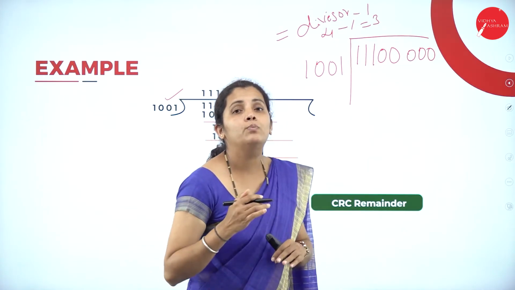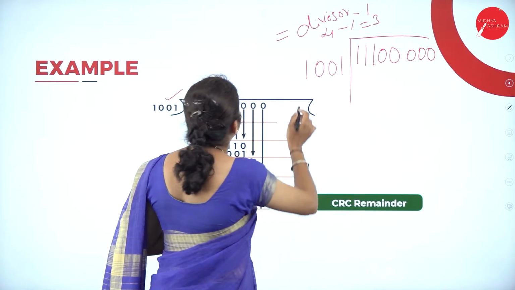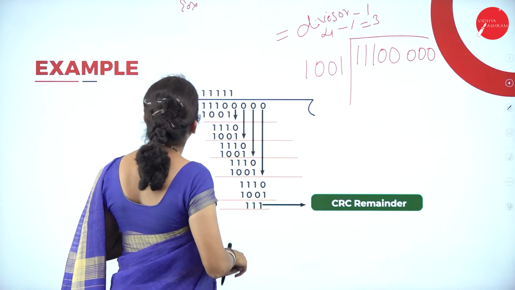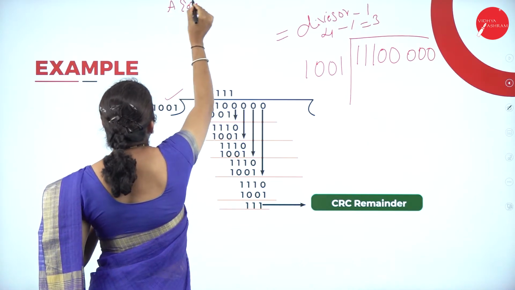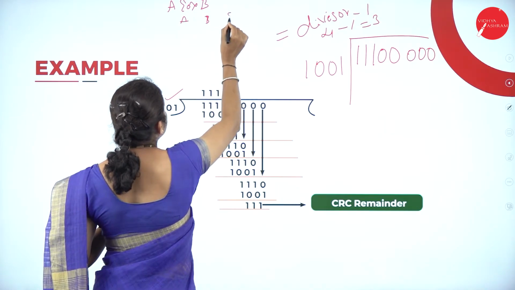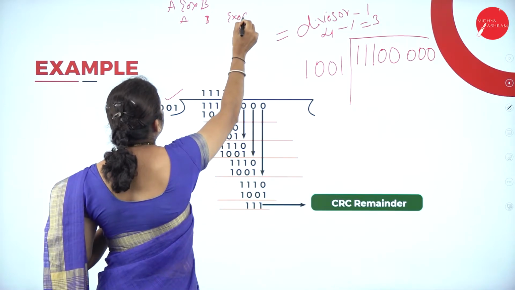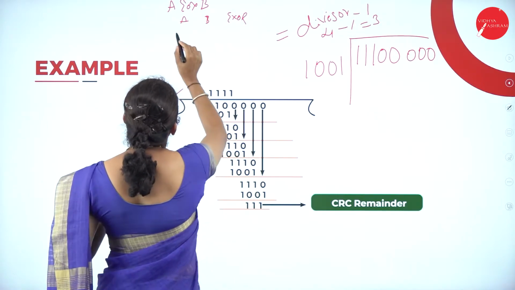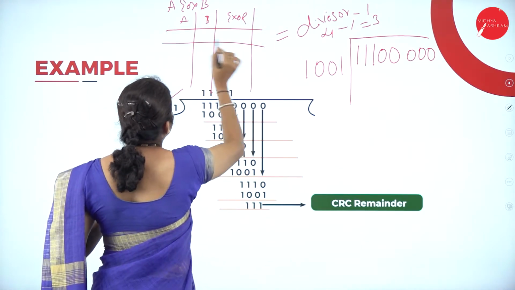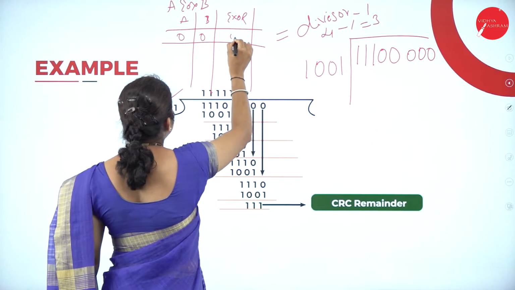Now I want to perform binary division. For that, just remember it is an XOR operation. XOR of A and B. What are the possible values? For 0, 0 the output is 0.